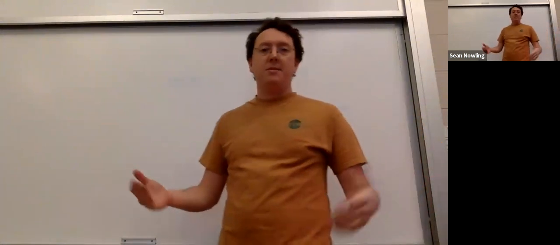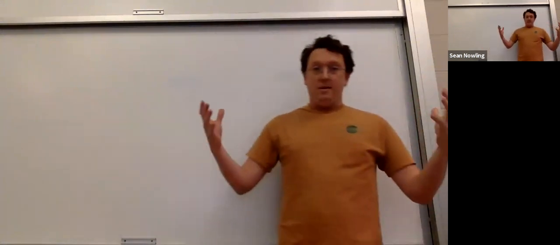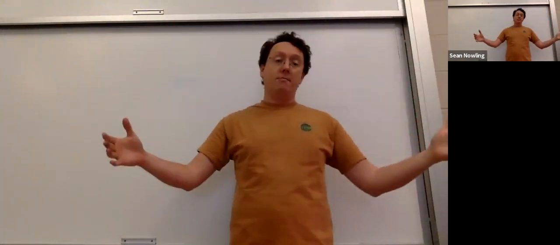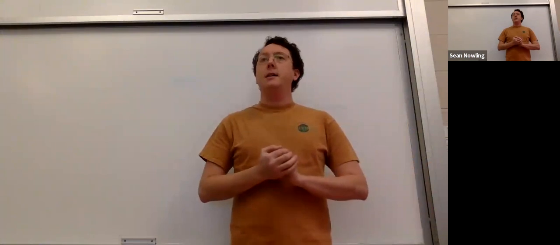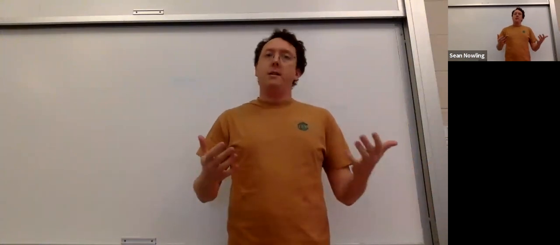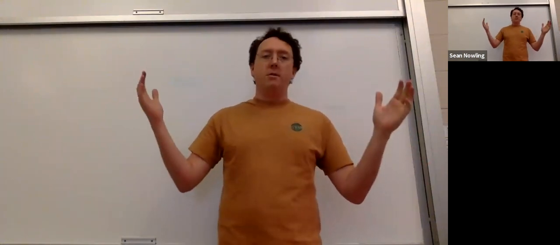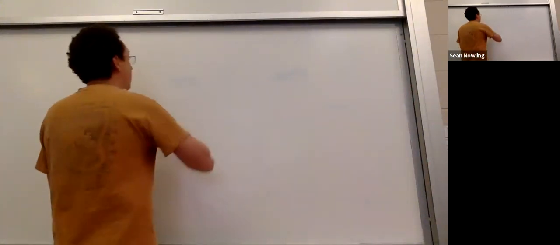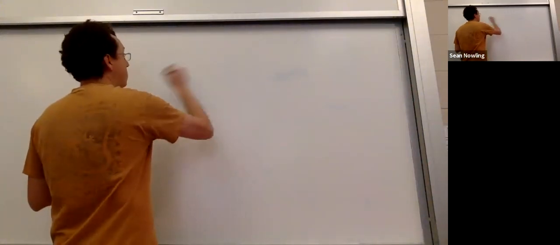Bank account balance. The system could be your checking account, and the stuff inside could be the amount of money. So $100 is what you have in your bank account right now. Very good. So let's draw a box here.